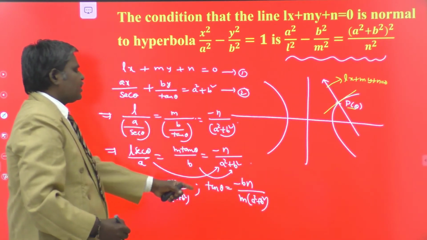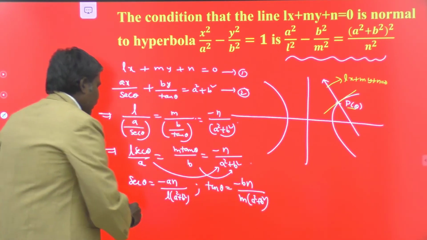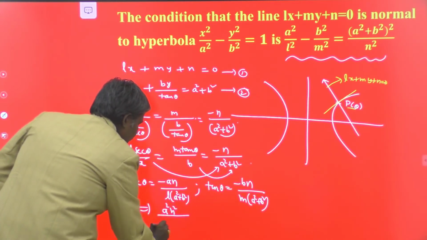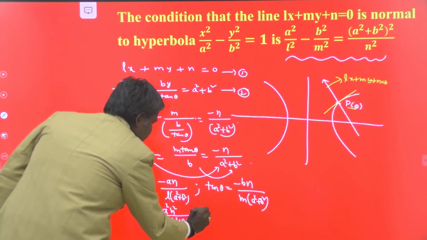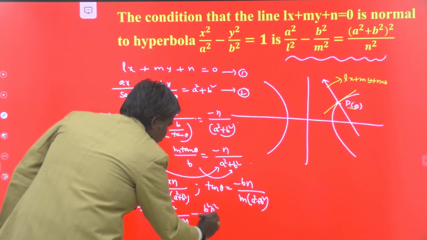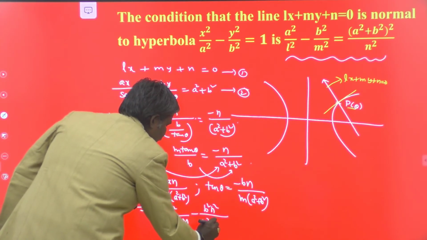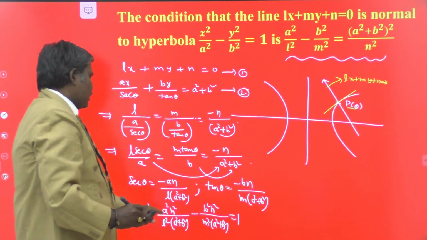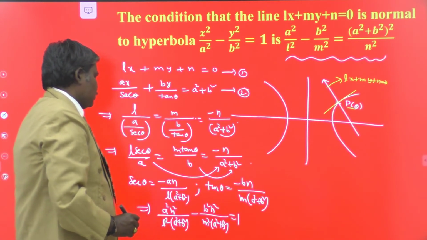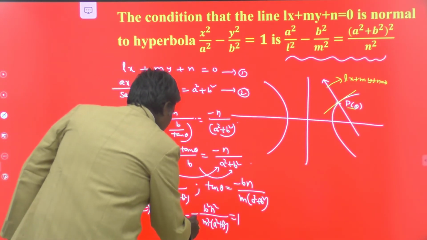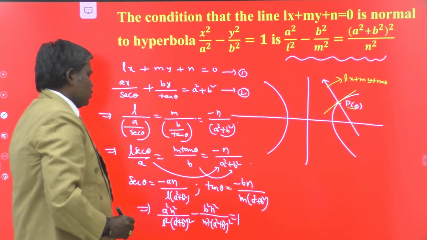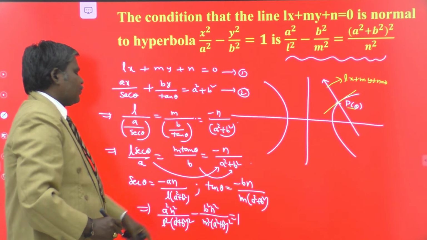So we have secθ and tanθ. By squaring and subtracting, we get a²n²/(L²(a² + b²)²) − b²n²/(m²(a² + b²)²) = 1. Now take n²/(a² + b²)² common, and take that to the right side.